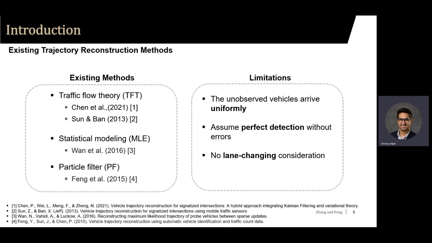In 2015, they considered this problem and they selected the true trajectory from the most likely trajectory by using the Bayesian models. But these existing methods still have some problems, like they consider the unobserved vehicles arrived uniformly, which is not really the truth in our reality.